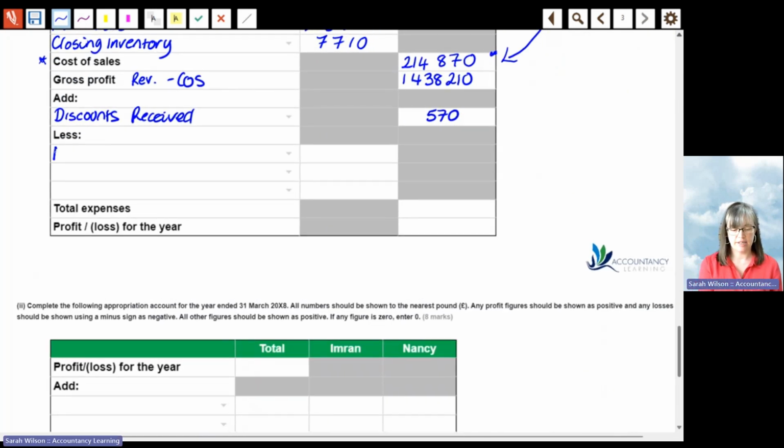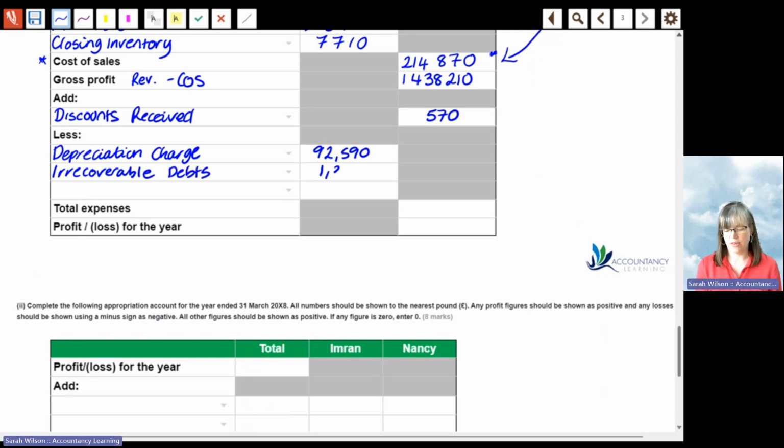So we're going to less our depreciation charges, which is 92,590. We're also going to take off our irrecoverable debts because we're not going to get that back. So that is an expense to the business of 1,390.